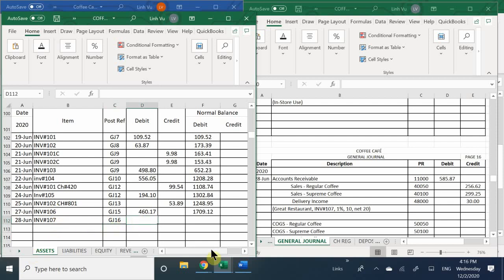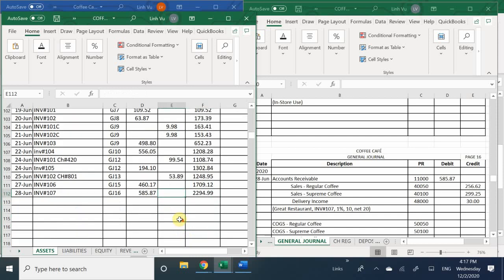And the amount's 585.87, bringing the new total to $2,294.99. Yep.